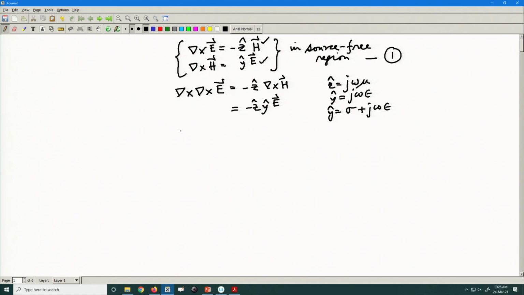So, we can write k equal to root of minus z cap y cap, it is the wave number in the medium.